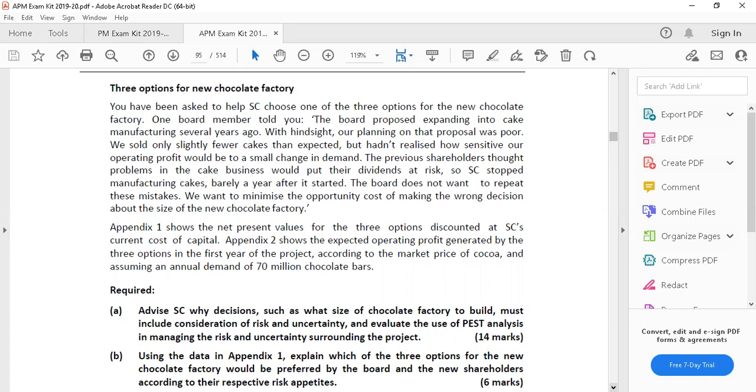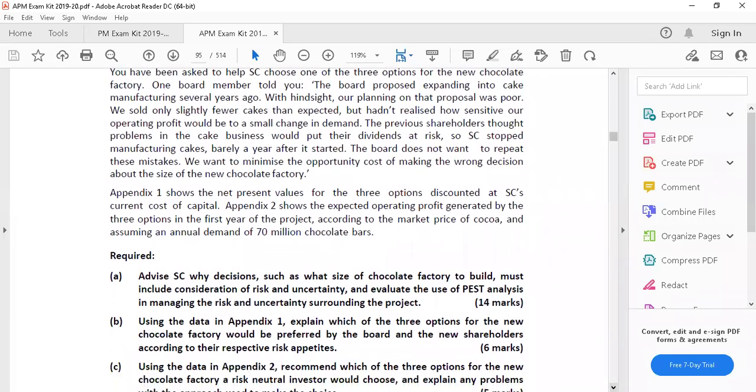We want to minimize the opportunity cost of making the wrong decision about the size of the new chocolate factory. Appendix 1 shows the net present value for the three options discounted at SC's current cost of capital. Appendix 2 shows the expected operating profit generated by the three options.